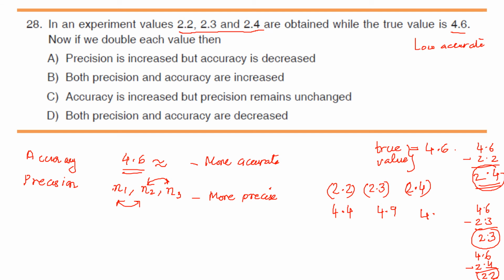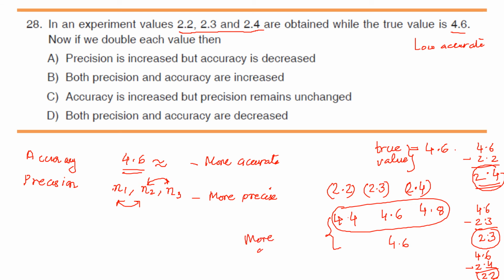So you have to have the values like 2 into 2.2, 2 into 2.3, etc. So 2 into 2.2 is 4.4. Here you will be having 4.6 as the value, and this is 4.8. Okay, when you compare these values with the true value, which is 4.6, we can say that they are closer towards each other, or they are more accurate. So when you double the experiment, actually accuracy is increasing.